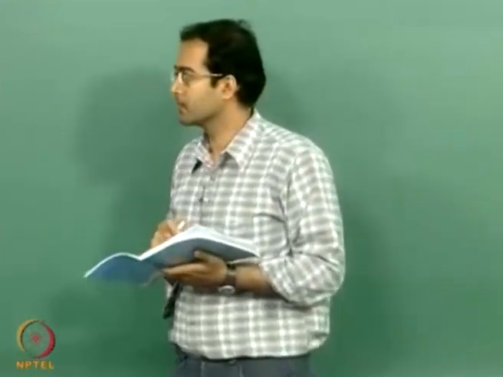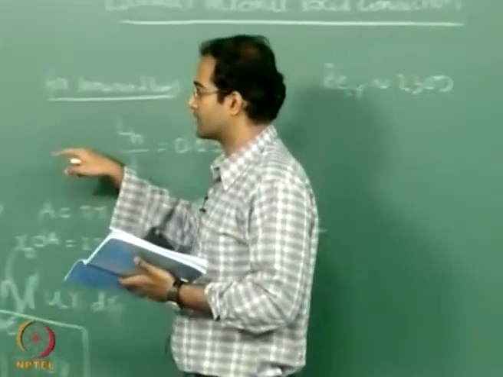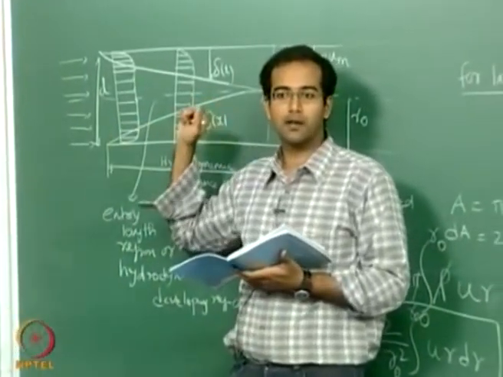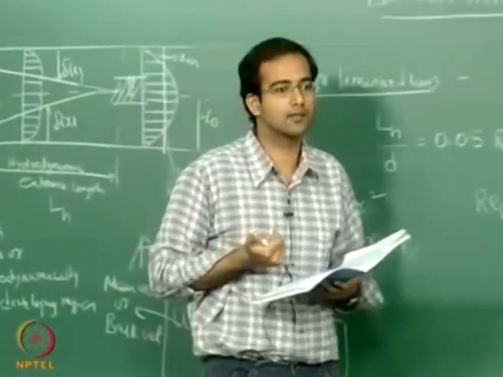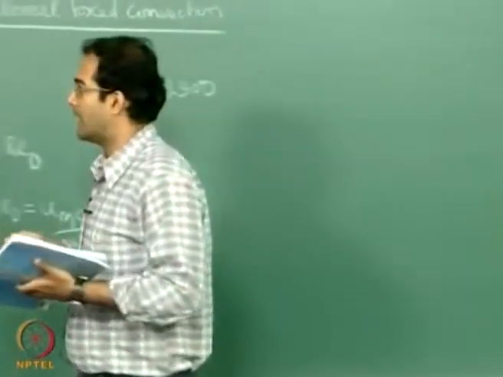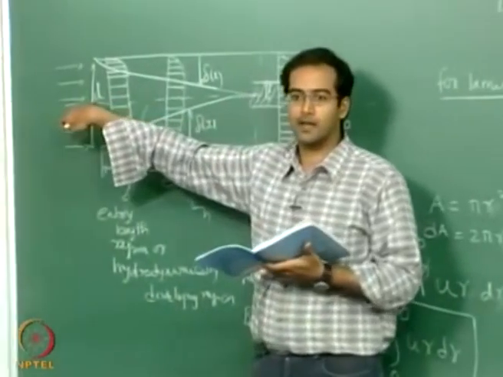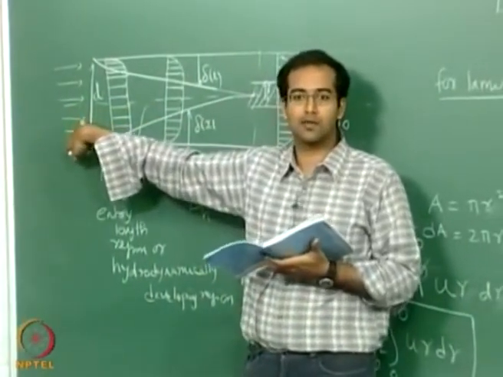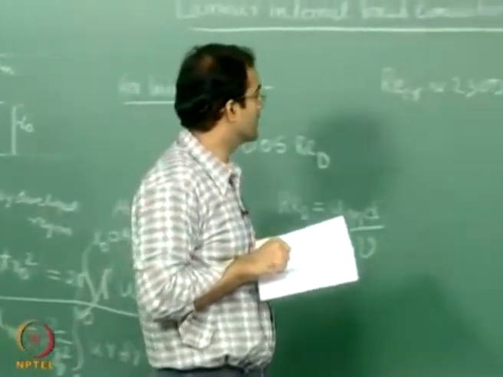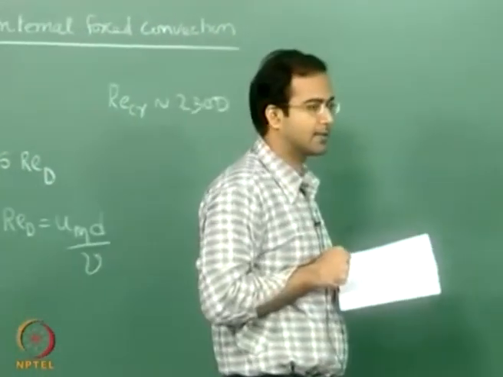This is once again an approximate value; it need not exactly become turbulent at 2300. In fact, if you maintain the walls of this channel to be extremely smooth, it can remain laminar even as high as 7000 or 8000. If the turbulent intensity at the inlet is so small that it cannot trigger early transition to turbulence, and the walls of the channel are very smooth, the critical value can be as high as 8000 or 9000.